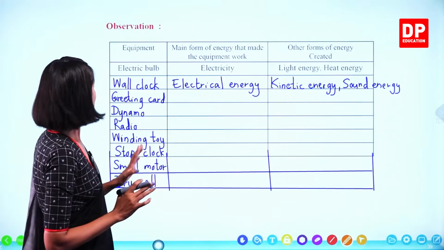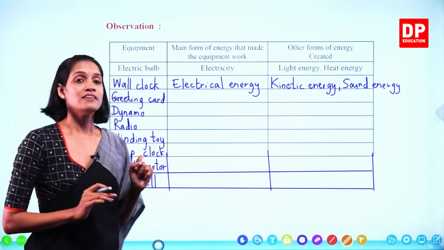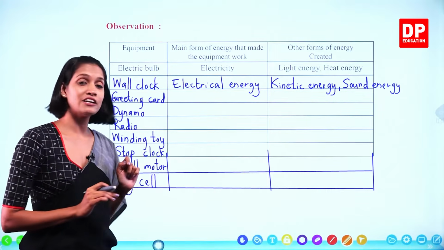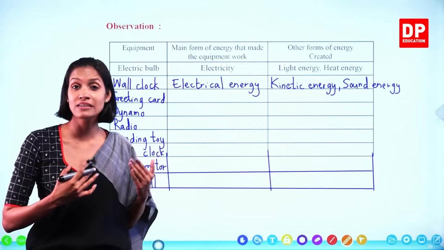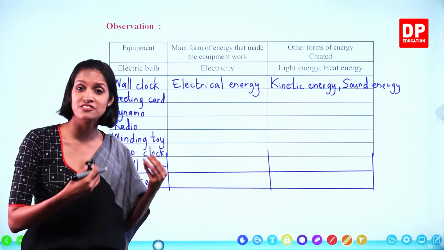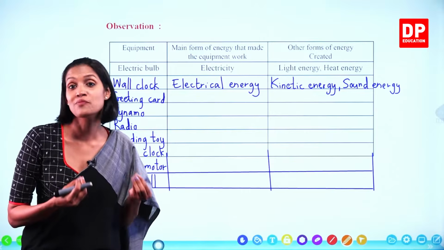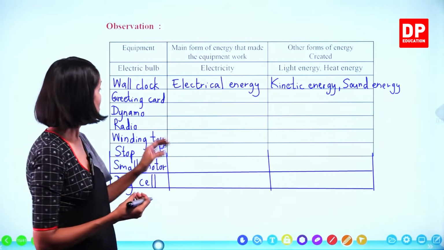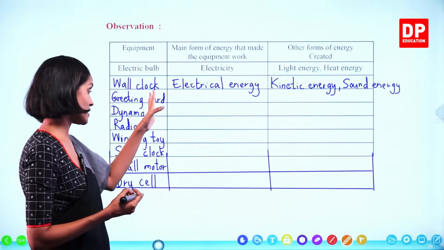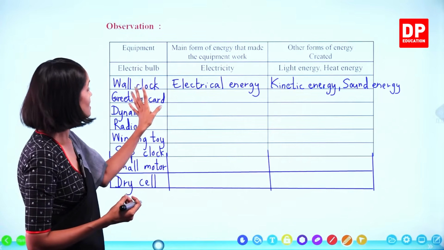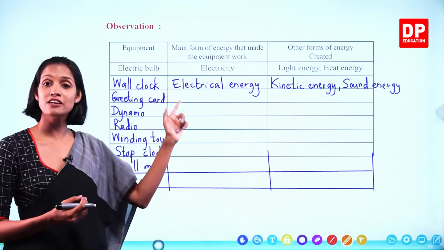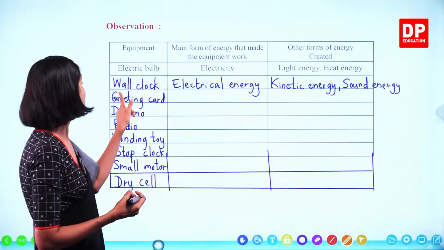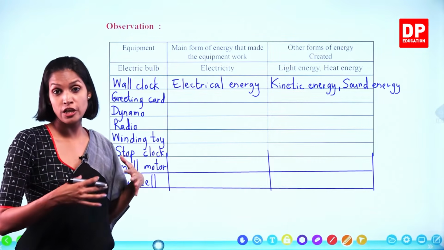Okay, children? Greeting card. There I showed you all a greeting card also has a small battery. Now, in the electricity lesson we learned that all the batteries, dry cells, contain chemical substances. Because the greeting card had a small battery, it generates electricity. Therefore, because of the electricity generated by the small battery, the greeting card works. It produces music.